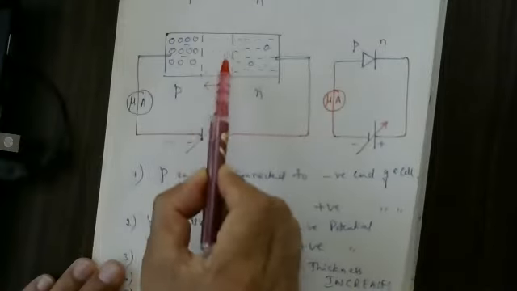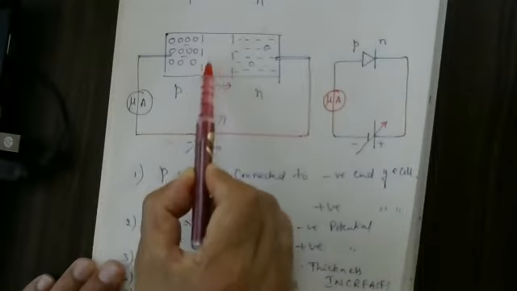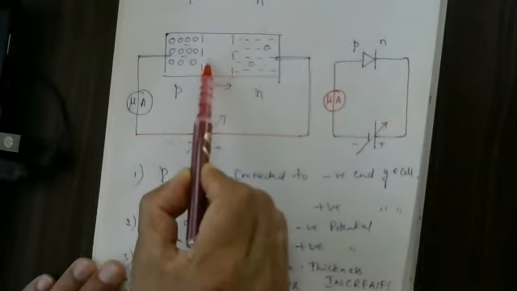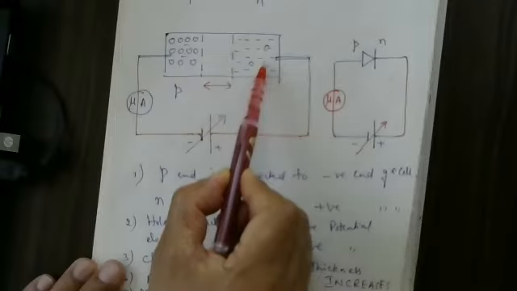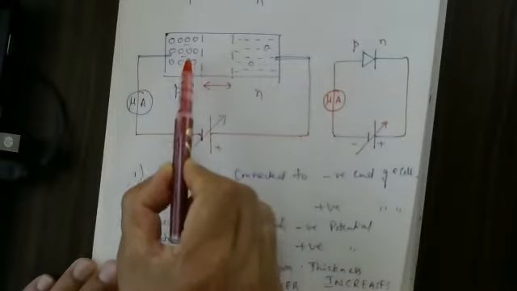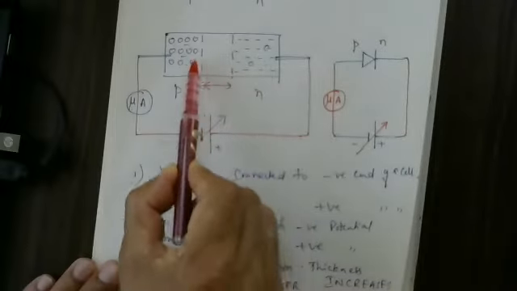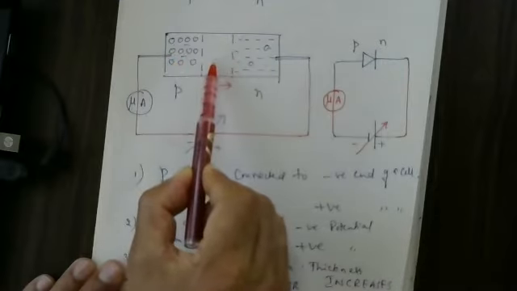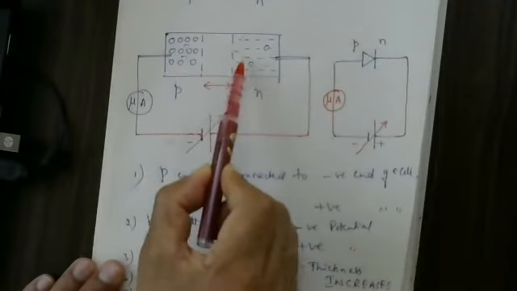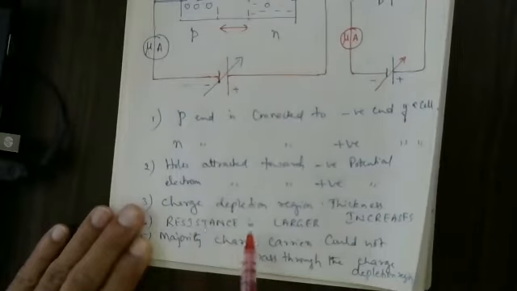They are attracted towards the positive potential, whatever we have applied externally. Because of that, charge depletion region thickness increases. As it increases, these majority charge carriers could not be able to pass through here, so opposition is more and I can say resistance is larger.